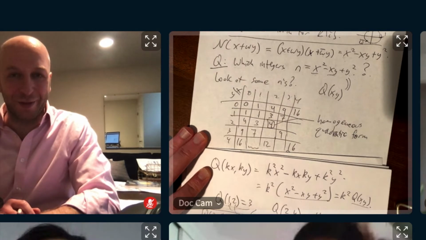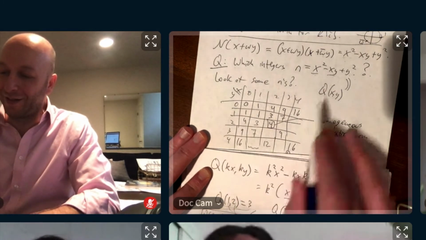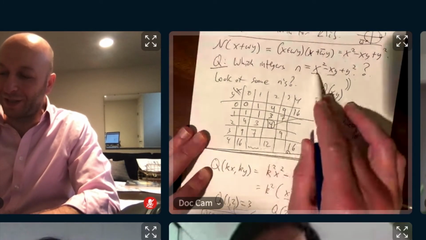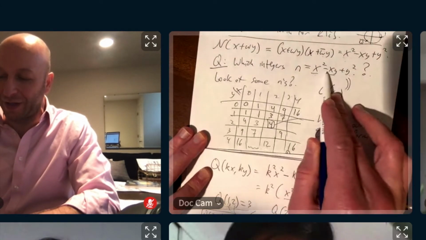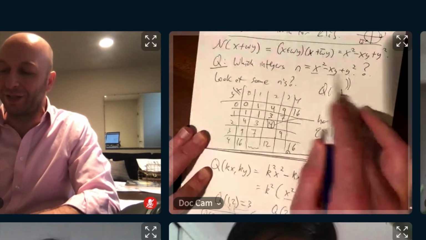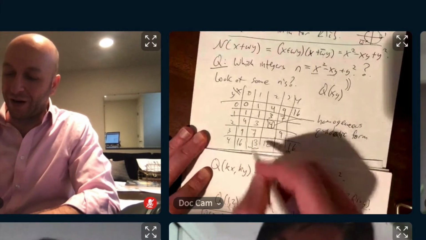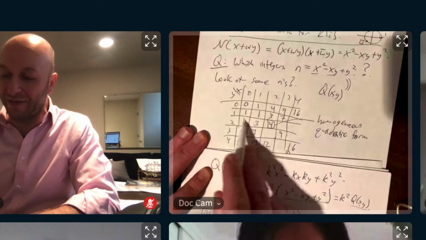Okay, I'm seeing a couple 13s. Let's see if I agree. 4 squared is 16, plus 1 squared is 17, but then I take away 4 times 1, so 17 minus 4, 13. All right, so we're seeing 12s, 13s, 16s, 7s, 9s, 4s.